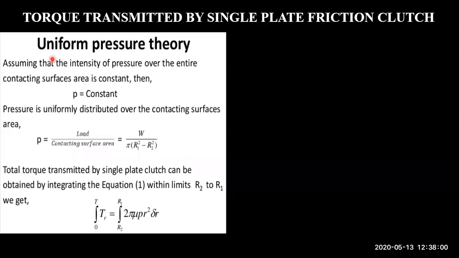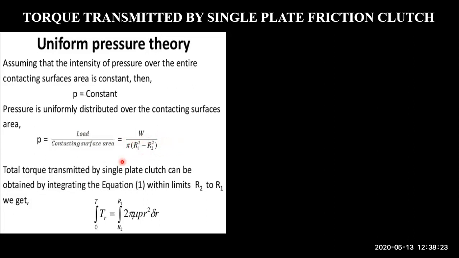So if you assume this uniform pressure theory, then you're keeping the pressure constant. The pressure is distributed uniformly over the contacting surfaces. That means the pressure is nothing but load over the contact surface area. The contacting surface area is this, the entire hollow cylinder formula.